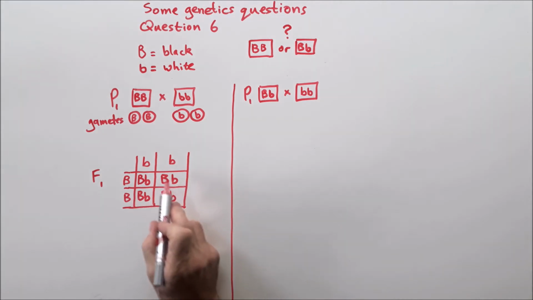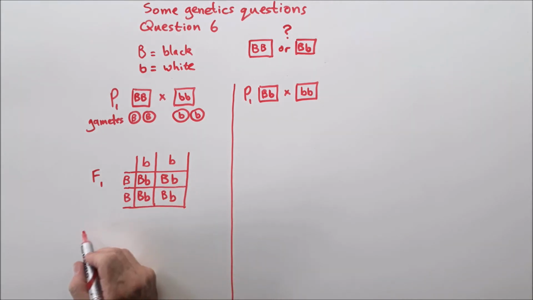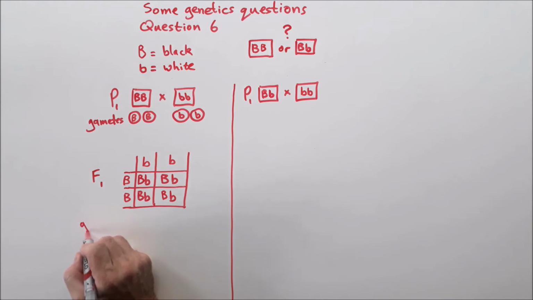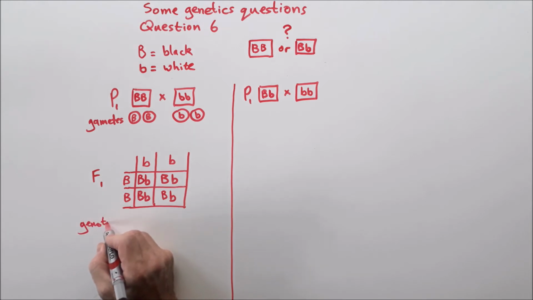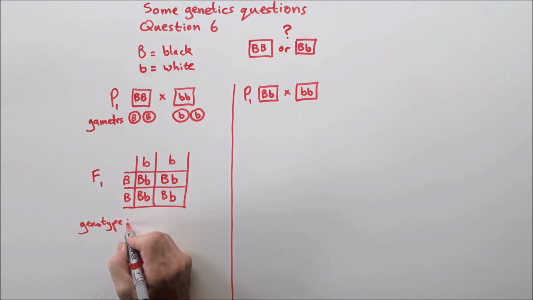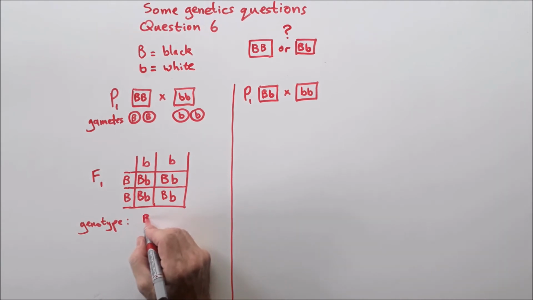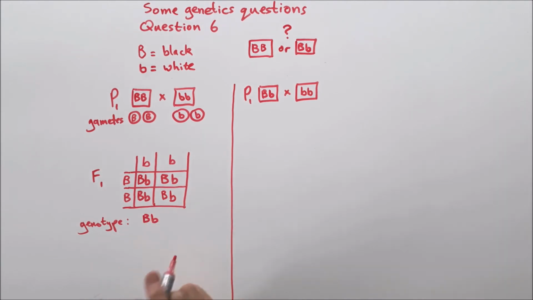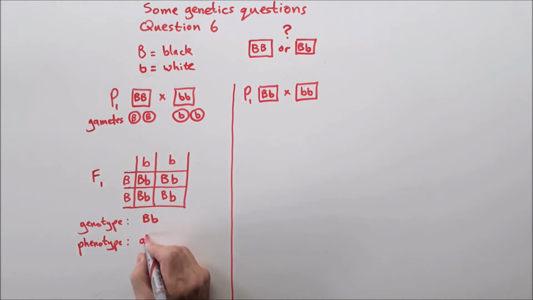So they're all heterozygous in the F1 generation, but let's be proper and write out genotype, and we just write big B, small b. There's no other options. There's only one solution there in the genotype. The phenotype is that they are all black.